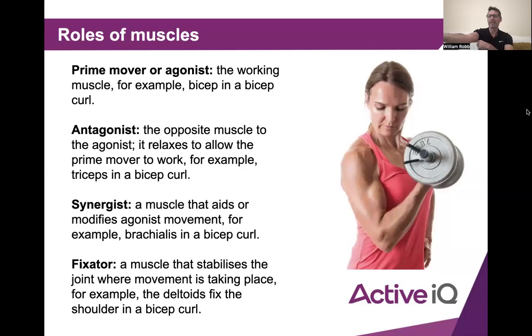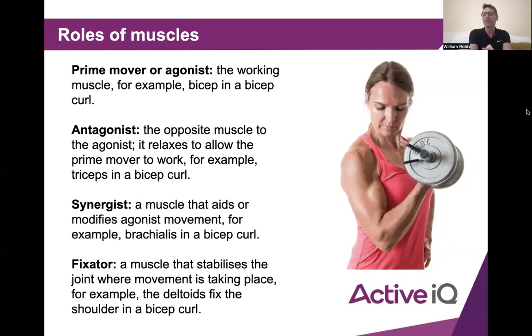Now look at the antagonist. It's the muscle that has to relax in order for you to complete elbow flexion. So the agonist is the prime mover of the muscle. The antagonist is the opposite muscle that has to relax in order for you to create a joint movement.